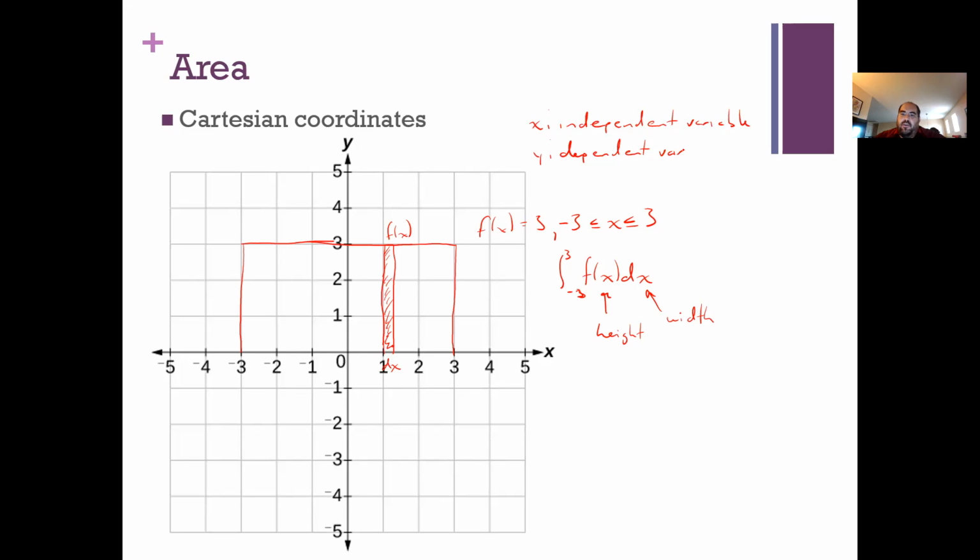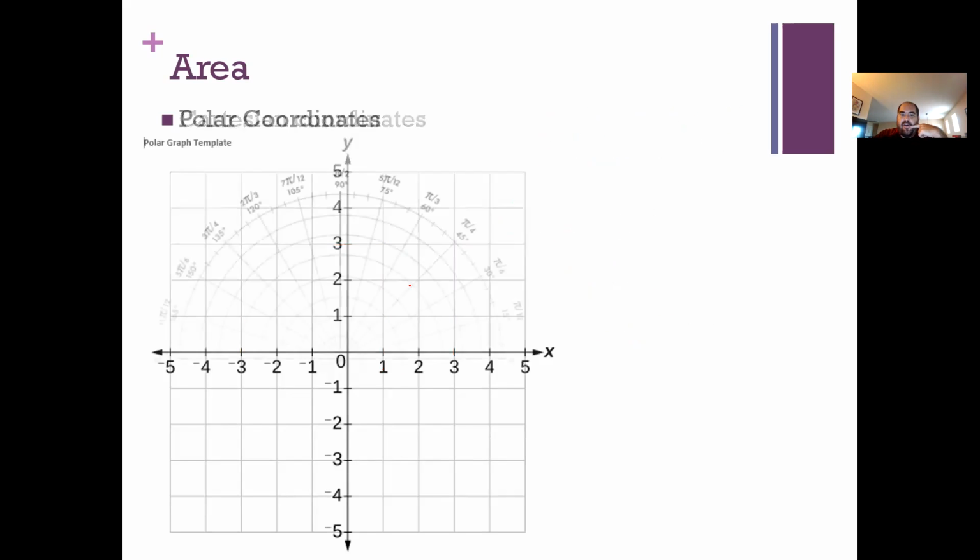So really what I'm doing when I take an integral to find area in Cartesian is I'm letting my independent variable, in this case x, vary a little bit. I call that dx. And I multiply that by my y value, which even if it's not constant, I'm going to assume it's constant. Multiply those together and I get an area.